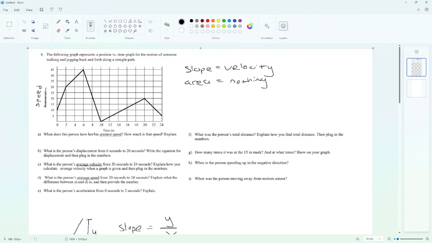But let's go ahead and calculate. Time here is 2. And position from here to here, the difference is going to be 20.